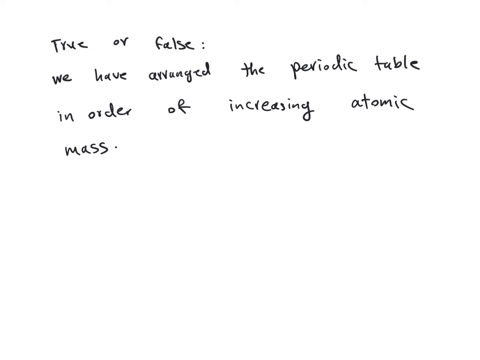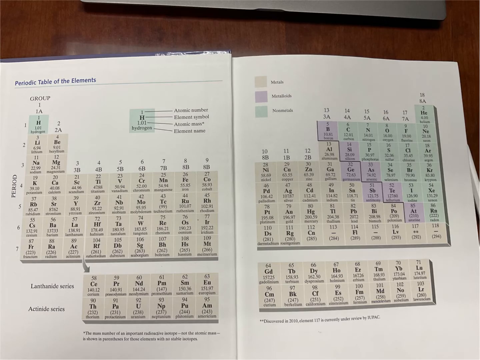And it is increasing. So if we go back to our periodic table, let's see, I'm pretty certain I had the picture here. Okay, so this is the periodic table.